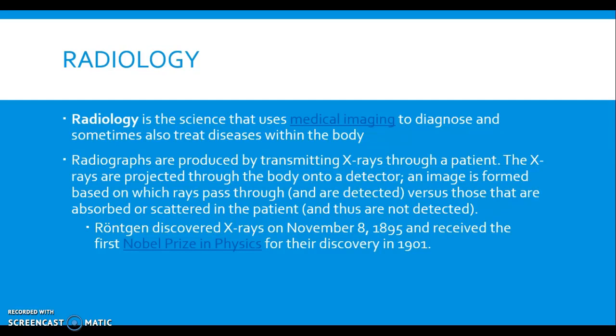The radiology field was based on this ray hitting a photofluorescent film across the room, and we then discovered the fact that it penetrated the body, and we were able to see through the body and look at bones and such.